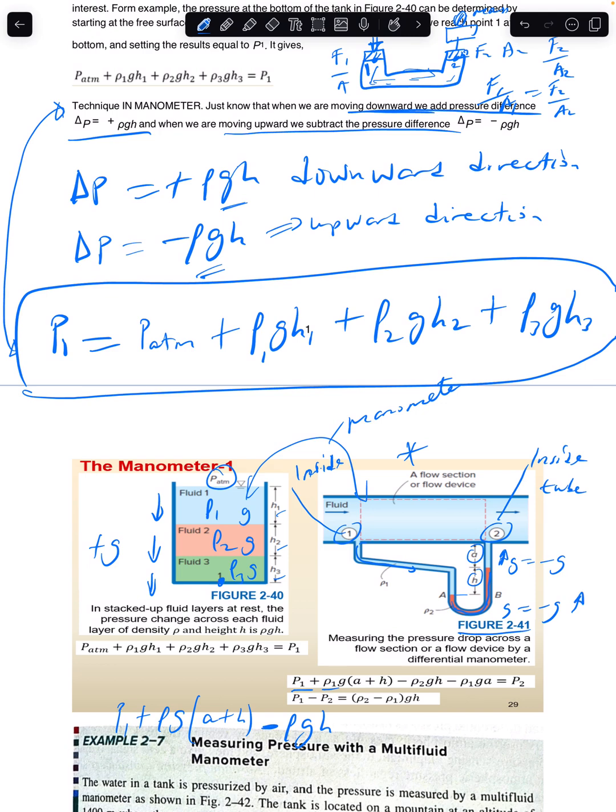And what is the height? This is just the height for that fluid. So this red fluid has a height of H. Be careful. For the water it was this height plus this height, whereas for the red fluid it is just this H.